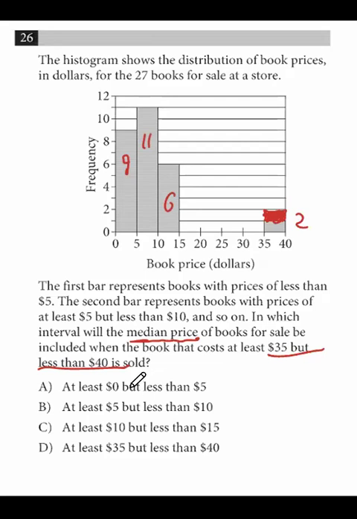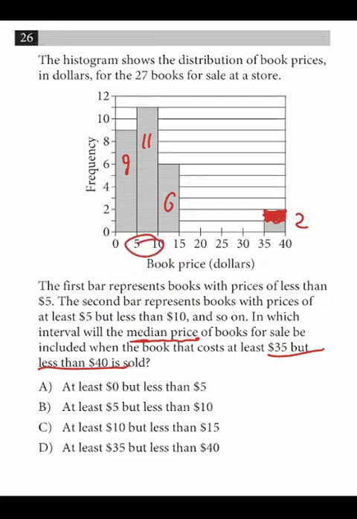So in that case, we just take 9, we subtract 2, which would be 7, 11, and 6. You subtract 6 from both sides. In that case, that'd be 1 and 11. And then subtract 1, that would be 10. So the median in that case would be between 5 and 10.